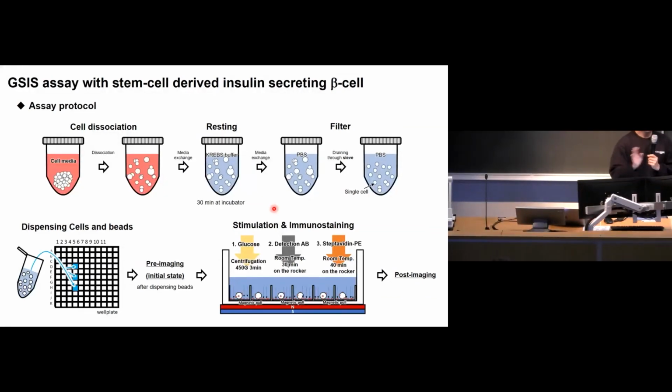The single cells are dispensed in the microwell, so they will be distributed in each nanowell at the bottom of the microwell, and then the cells are stimulated, and then these are immunostained.